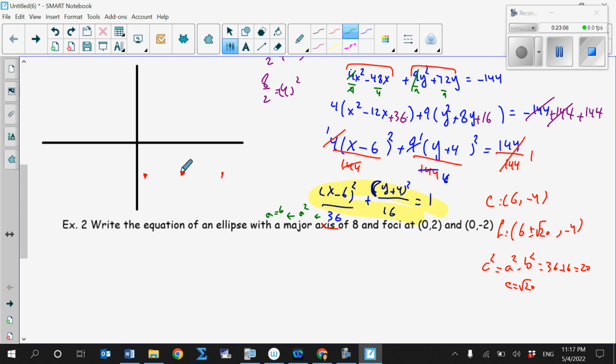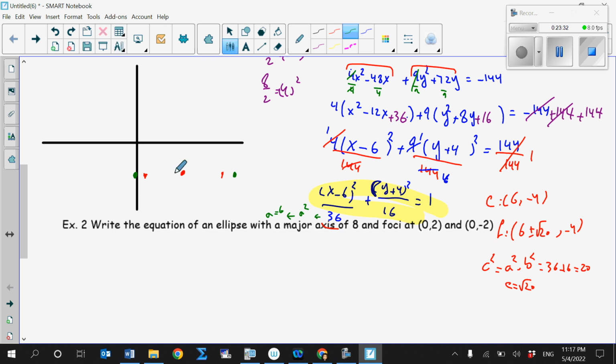So I need to go 6 to the right and 6 to the left. So it's going to be this point and somewhere around here maybe. Or, oh no, I'm sorry. This point has x of 6, so 6 to the left will be exactly here on the y-axis. So these two are the vertex points.